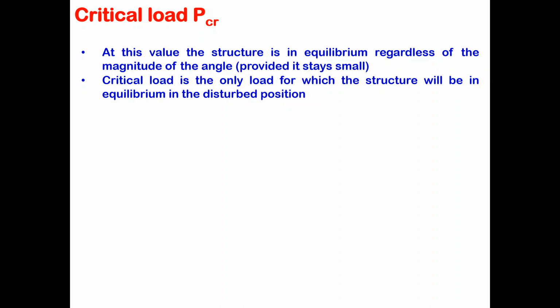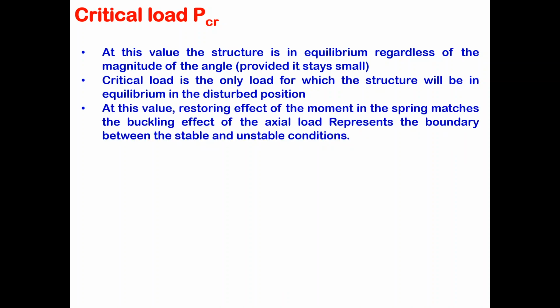So that is very important. So if your load is at the critical load, your column will change its configuration, but it will not fail. Okay. At the critical load value, the restoring effect of the moment in the spring matches the buckling effect of the actual load, representing the boundary between the stable and unstable conditions.